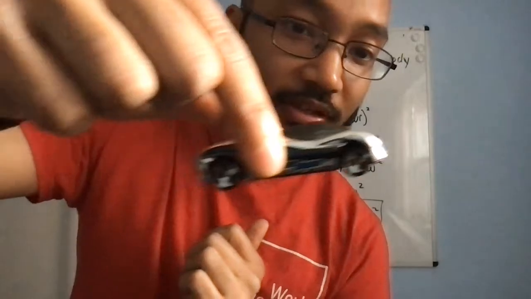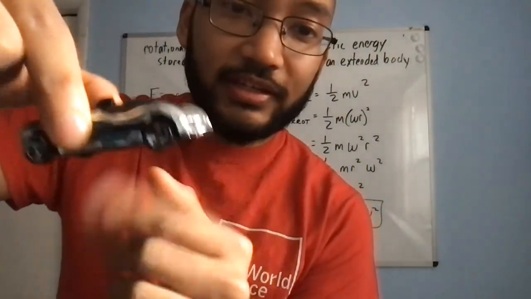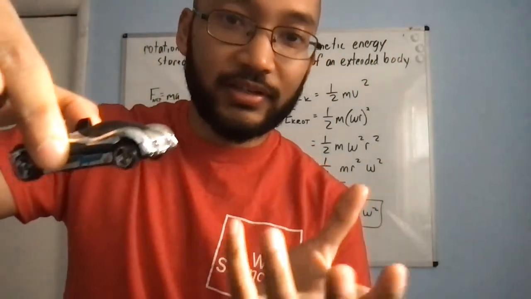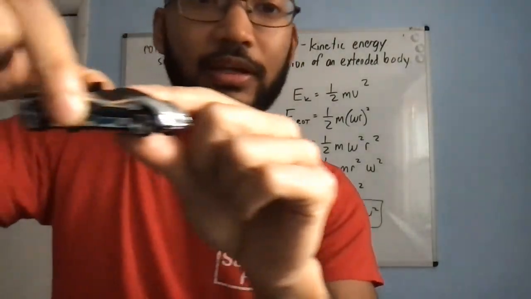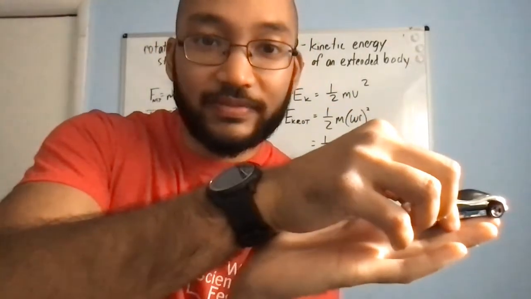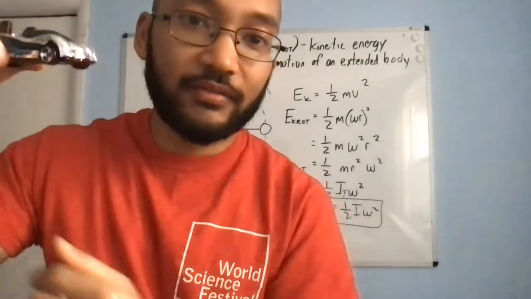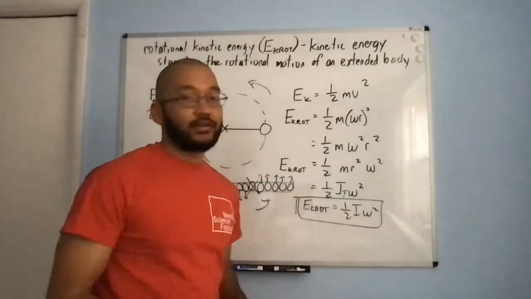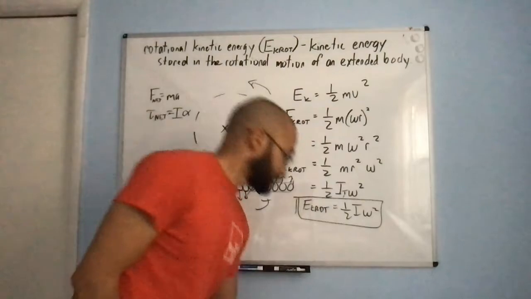This thing is moving along as the wheels are rotating. Those wheels have rotational kinetic energy in addition to the kinetic energy associated with the linear motion of the car. It's moving in a straight line, 1/2 mv squared. The wheels, four of them, have rotational kinetic energy 1/2 I omega squared associated with each wheel.